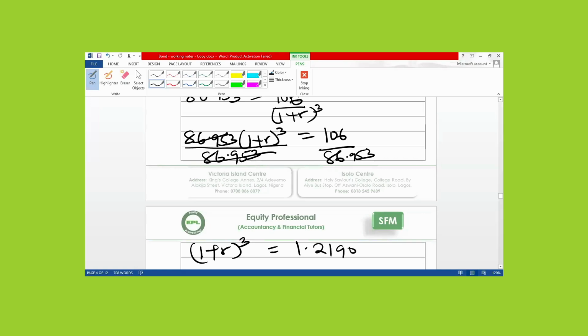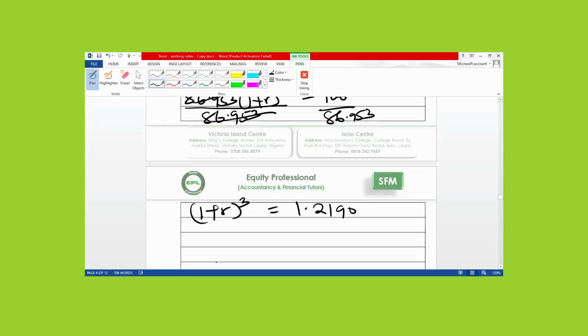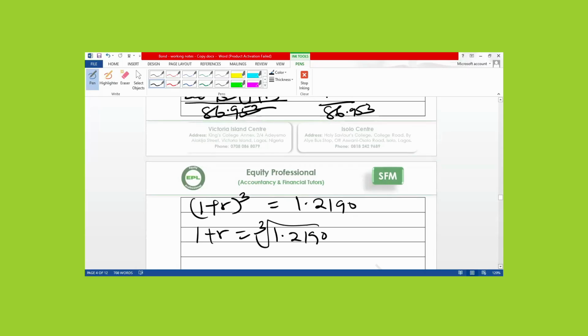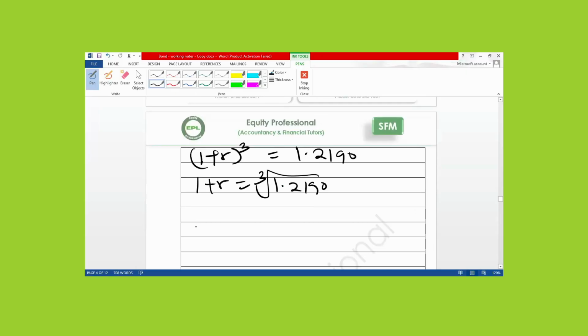Now we have raised to power 3 here. It becomes what? Cube root. Cube root of 1.2190. Please check your calculator. 1 plus r is equal to what? 1.0683. How about correct?